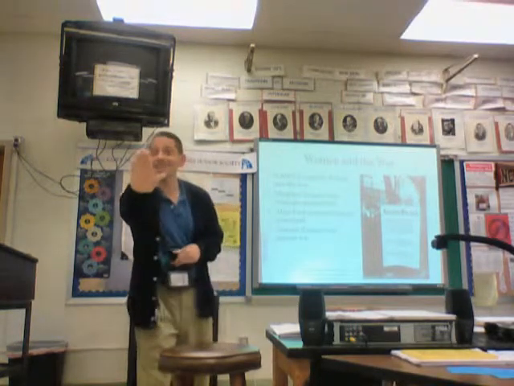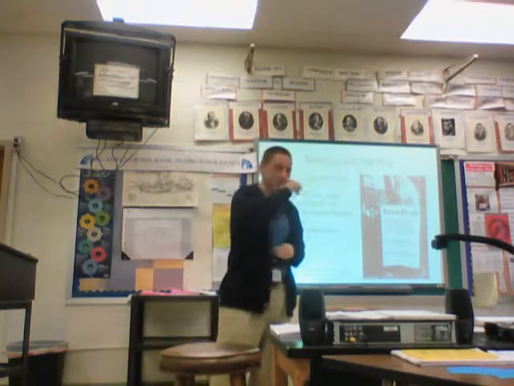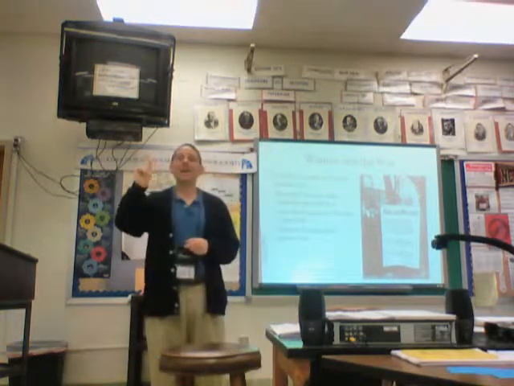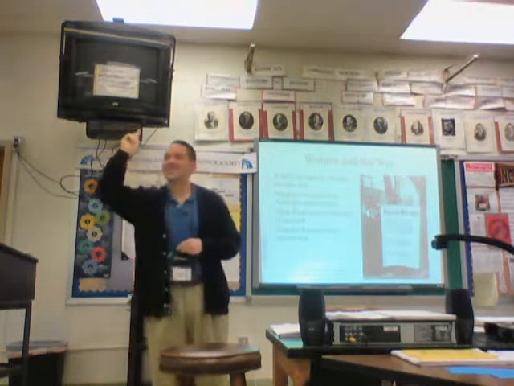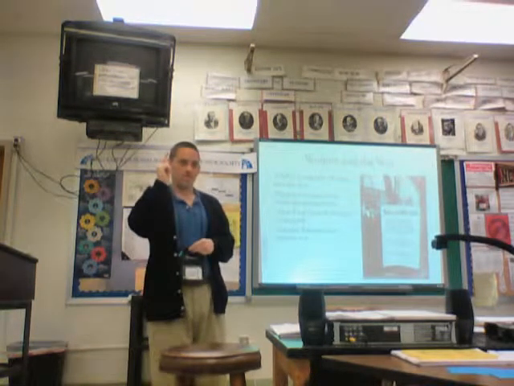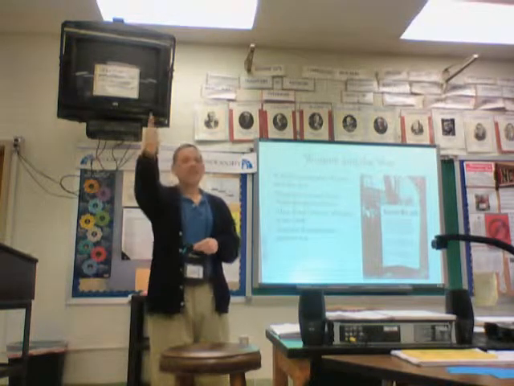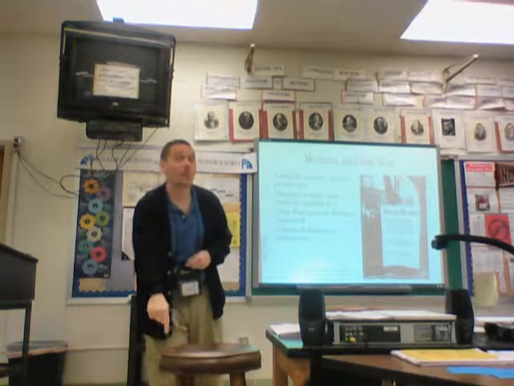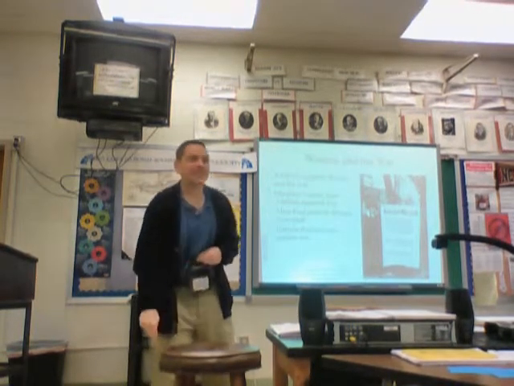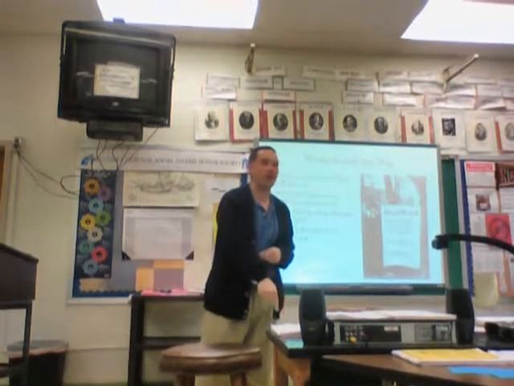Now wait a minute, I told you, whatever you see in World War I, you're going to see in World War II. Jeanette Rankin gets reelected to Congress in 1940. She starts her congressional term in 1941. December 7th, 1941, the Japanese attack Pearl Harbor.